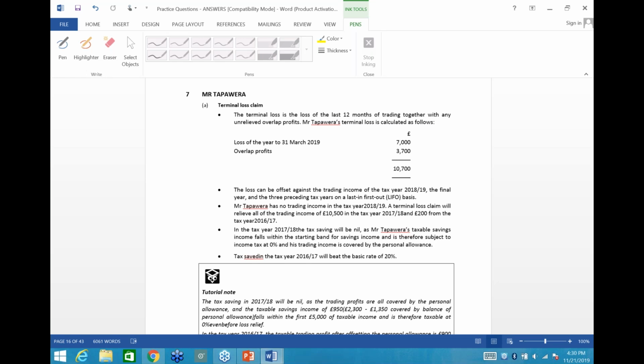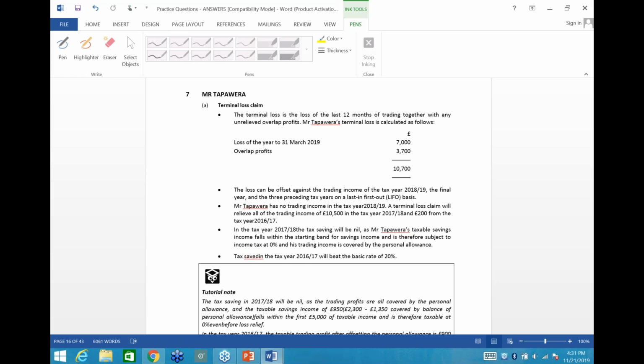Highly unlikely because you already have a loss during the last 12 months. But if you have a trading profit, first set it off against the trading profit of the current year and then carry back 36 months, 3 years to set off against trading profits only.